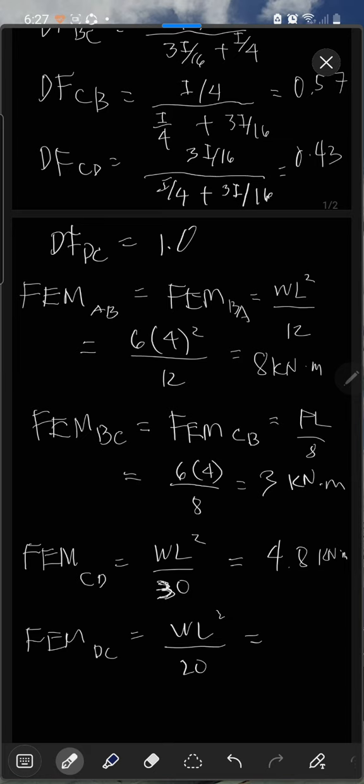Then change it to 20. You have 7.2. Okay, 7.2 kilonewton meter.